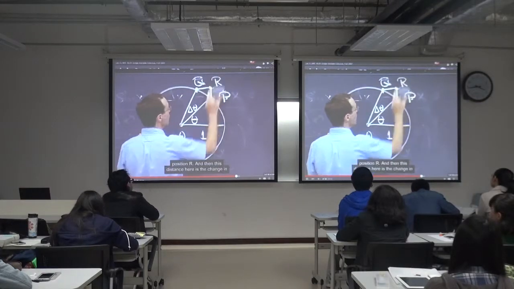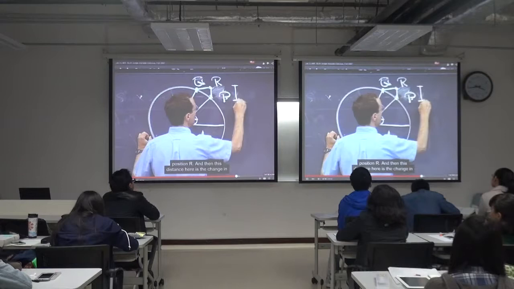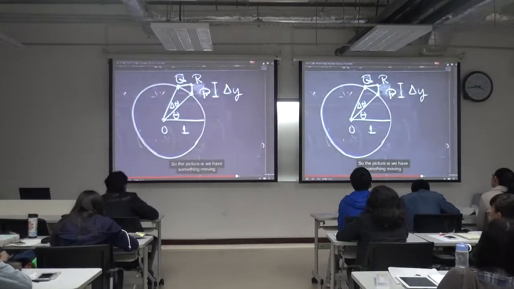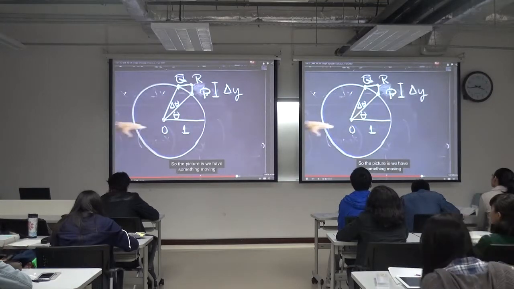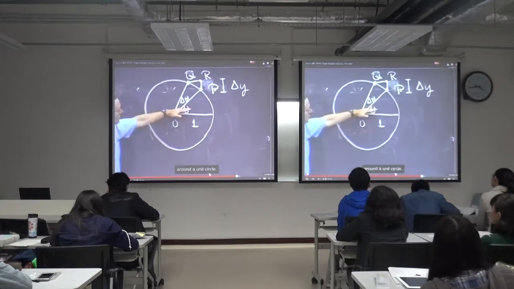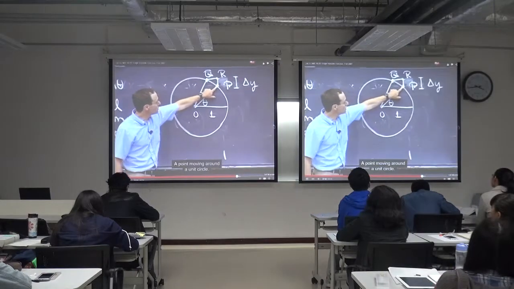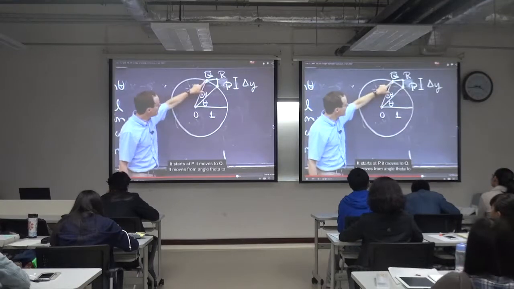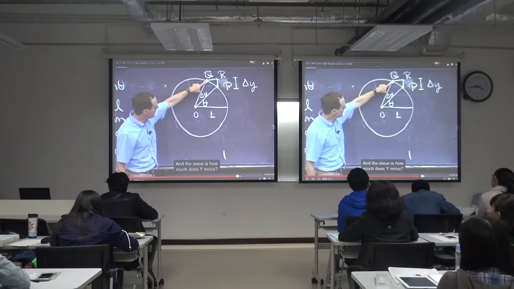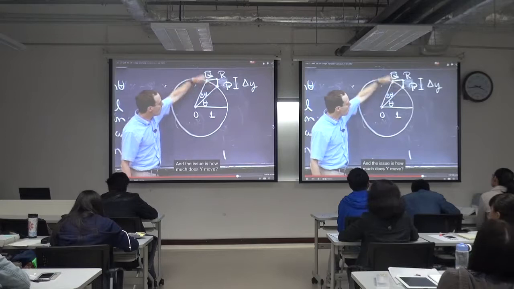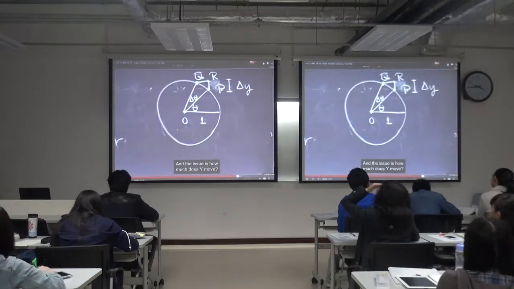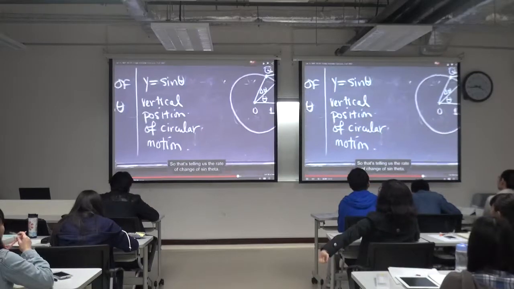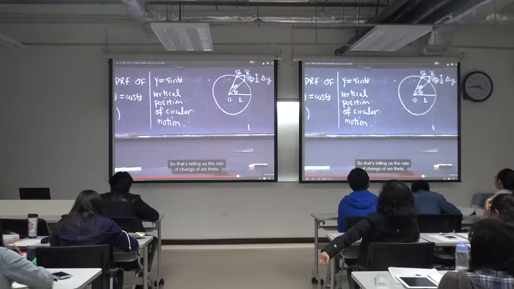This is the position R. And then this distance here is the change in y. Right? So the picture is we have a point moving around a unit circle. It starts at P and moves to Q. It moves from angle theta to theta plus delta theta. And the issue is, how much does y move? And the formula for y is sine theta. That's telling us the rate of change of sine theta.